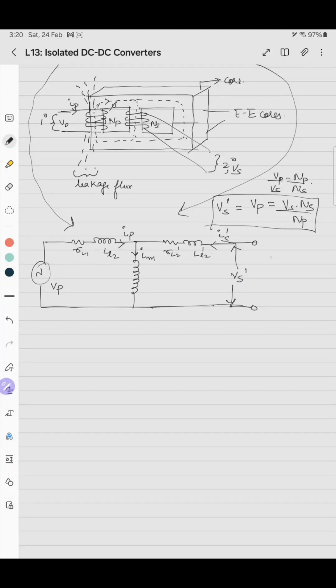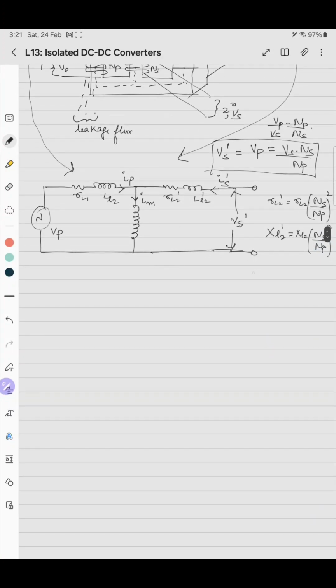Where RL2 dash is RL2 into Ns by Np whole square. Similarly, XL2 dash is XL2 into Ns by Np whole square. Similarly, Vs dash and Is dash are Vs and Is into Ns by Np.